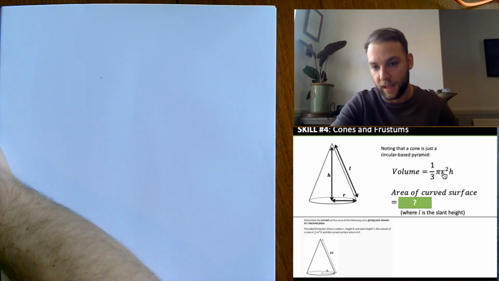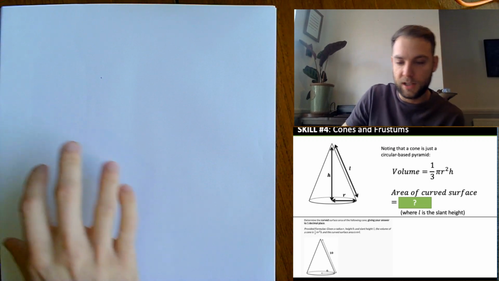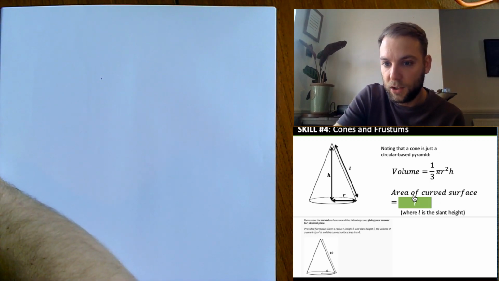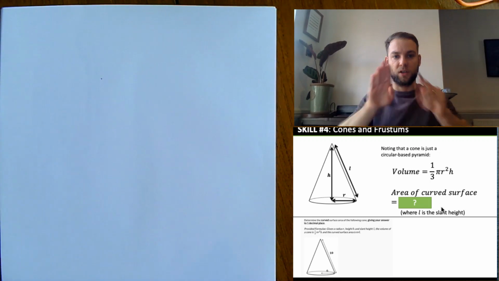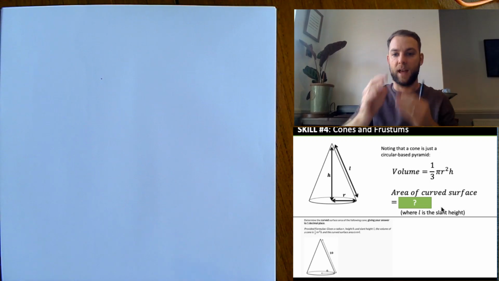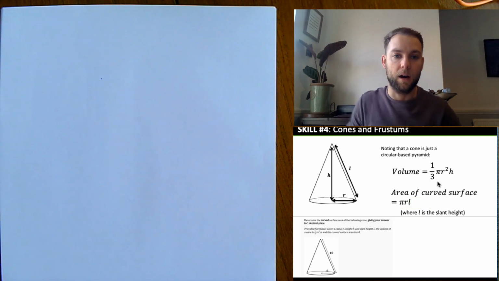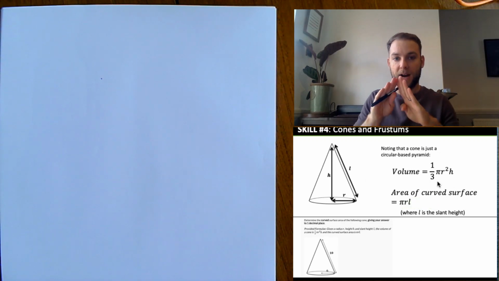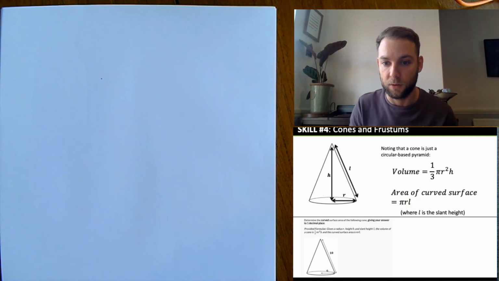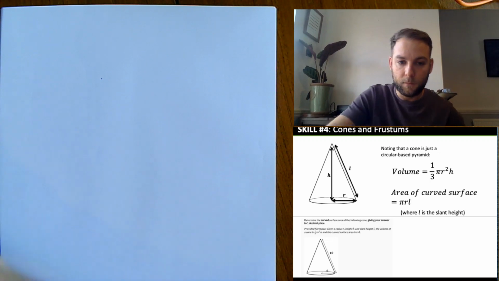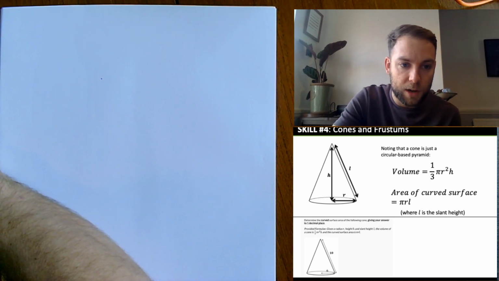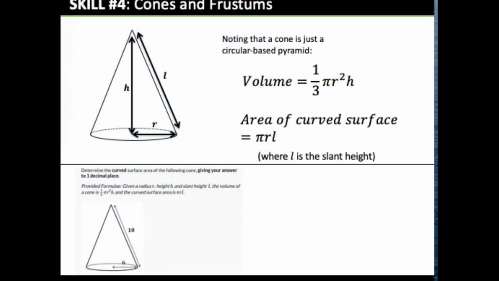And we did touch upon this, but I don't think we went into very much detail. We talked about the fact that the area of the curved surface, so the curved part of that cone there, the area of this is equal to pi rl. Okay, so pi times r, which is the radius of this cone, times by l. So we're going to have a look at this question on the bottom down here.